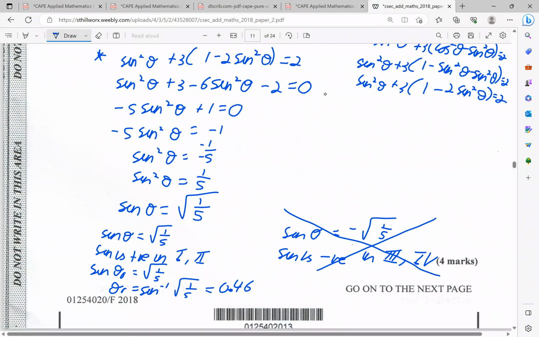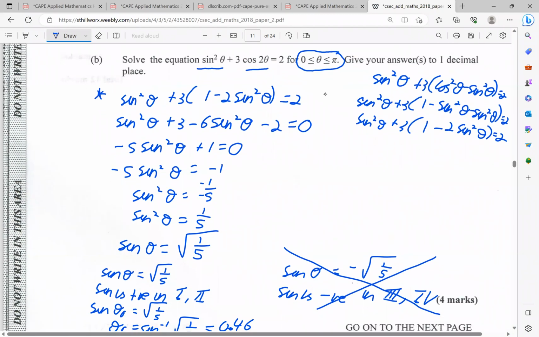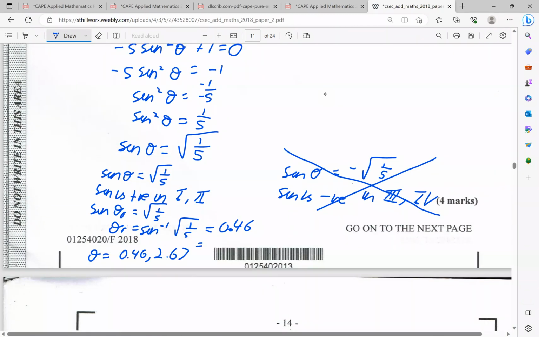So therefore, theta is 0.46 and pi minus 0.46, which is 2.67, but I must listen to what the question says, one decimal place. So that is 0.5 and 2.7.